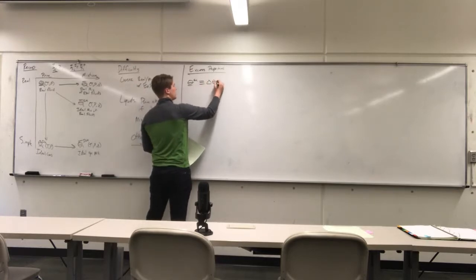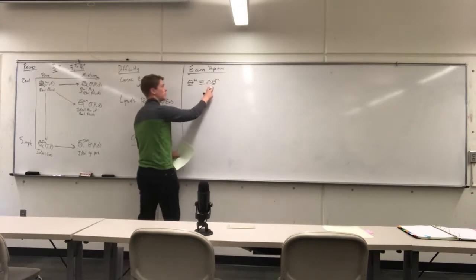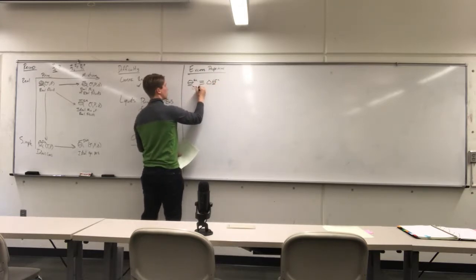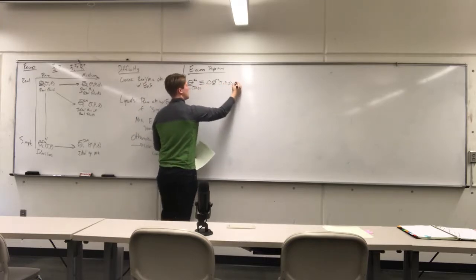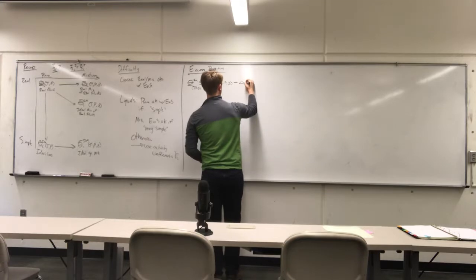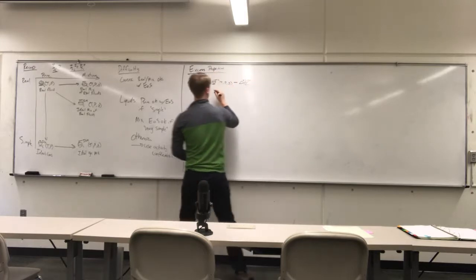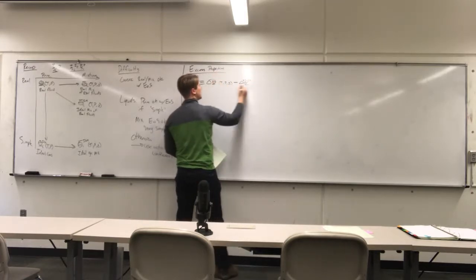This is the difference between the delta of mixing of some system, and of course, these are all functions of temperature, pressure, and composition, minus the delta of mixing for an ideal mixture. Let me put this in the same spot, delta mix.